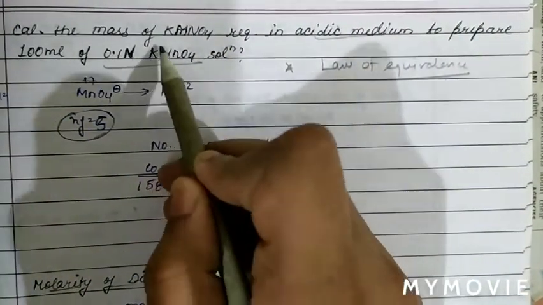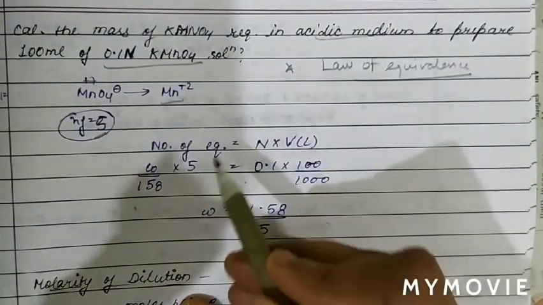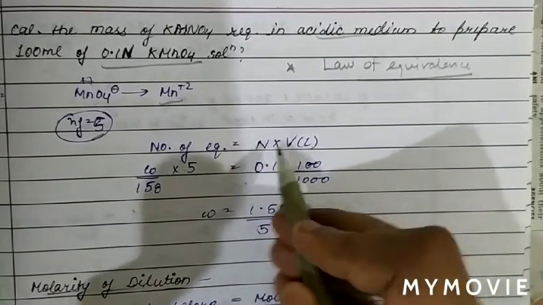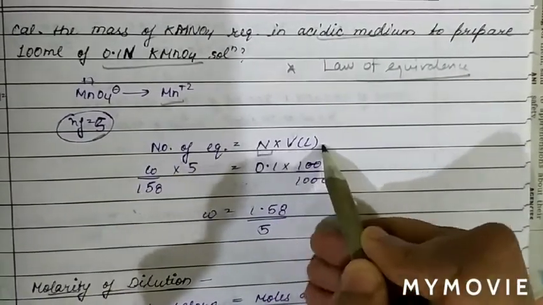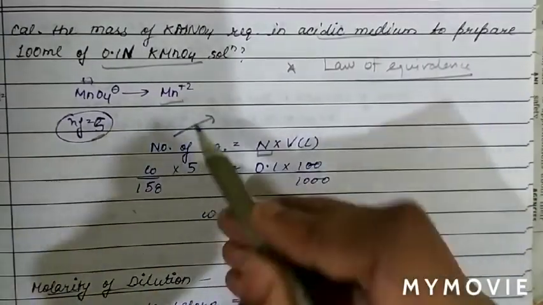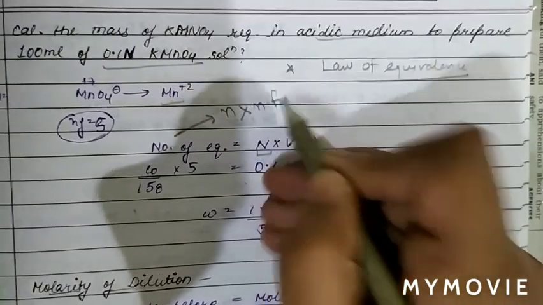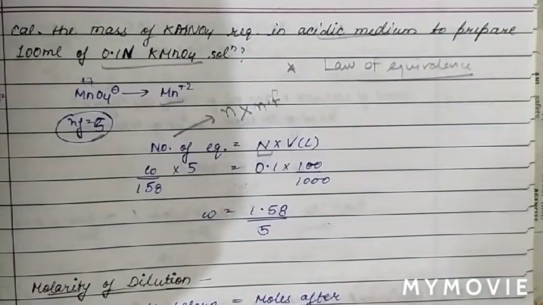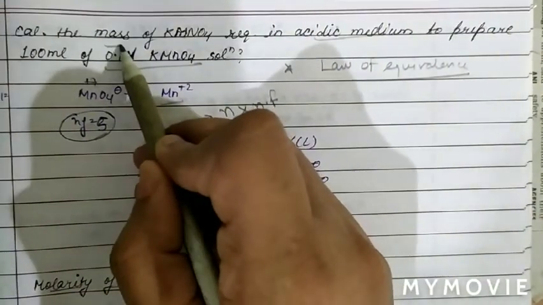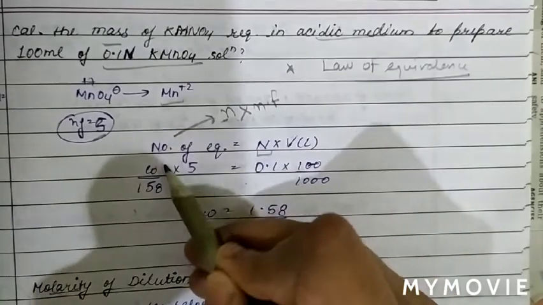As KMnO4 in acidic medium required to form 100 ml of 0.1 normal KMnO4. We know the number of equivalent in terms of normality is normality into volume in liter. We know the number of equivalent is number of moles into N factor, and number of moles is given mass we have to calculate divided by molar mass.